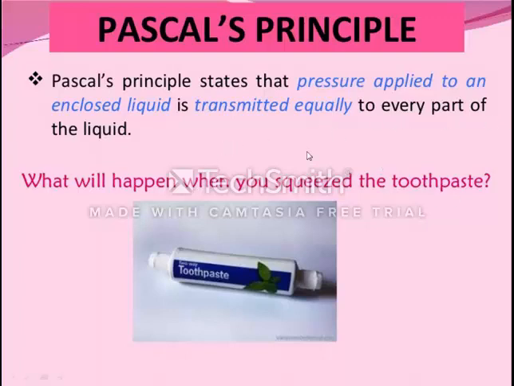Transmitted equally means that if there is an enclosed liquid and a pressure is applied, that pressure is transmitted equally to every part of the liquid. Like here, it shows what happens when you squeeze the toothpaste.